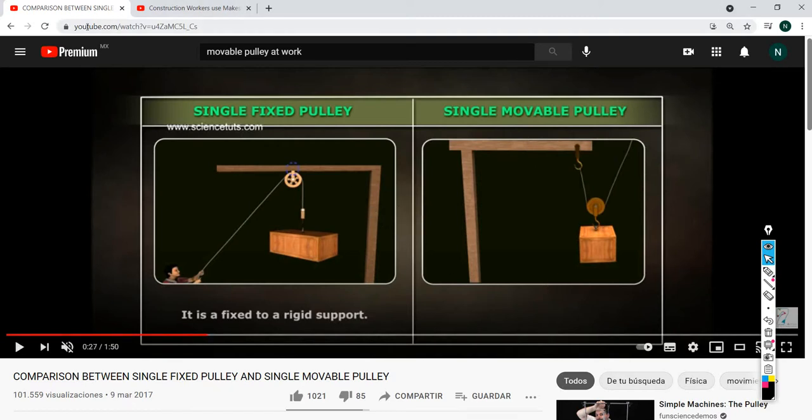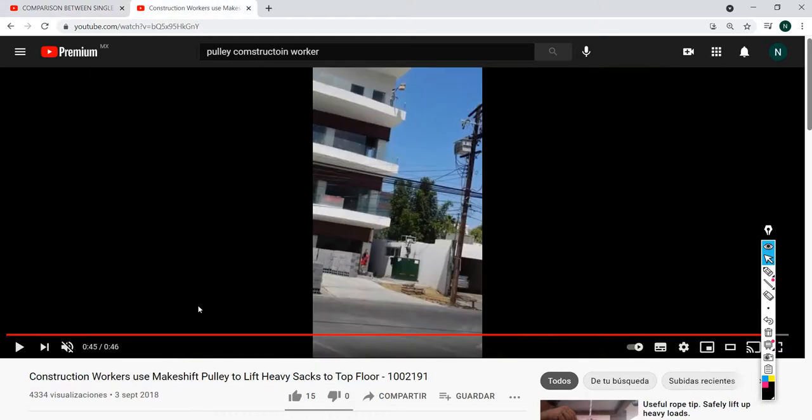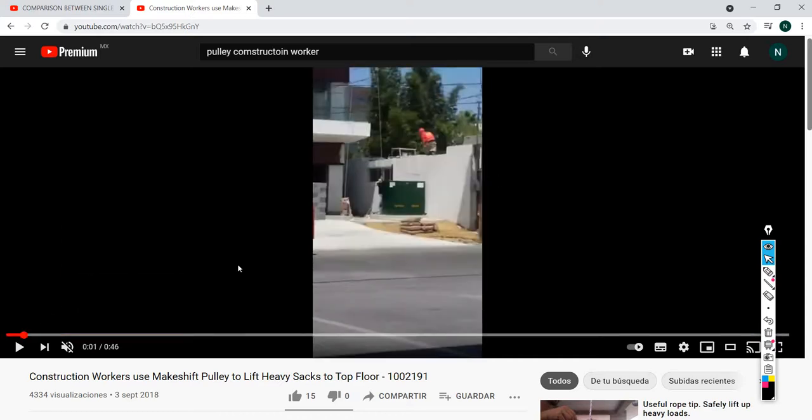By the way, I discovered this video on the internet. It says construction workers use makeshift pulley to lift heavy sacks to top floor. Makeshift es como la hicieron ahí en el momento, la improvisaron. And take a look, there is one construction worker in here, and they want to lift very heavy sacks of, I think, cement or something, and they do it in this way.